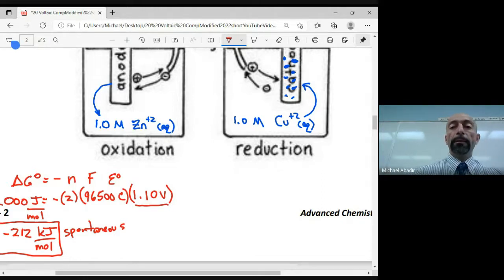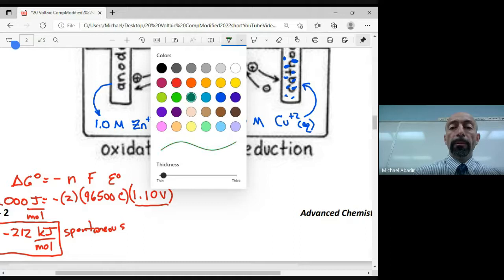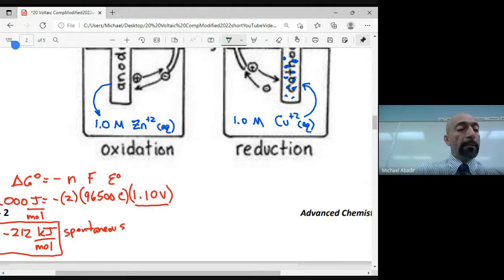Okay, the next thing we're going to do is try and find the equilibrium constant. To find the equilibrium constant, we're going to use this equation, that the delta G standard equals negative RT ln of K, where K is the equilibrium constant. So we just found the G, and we have to put this back into joules.